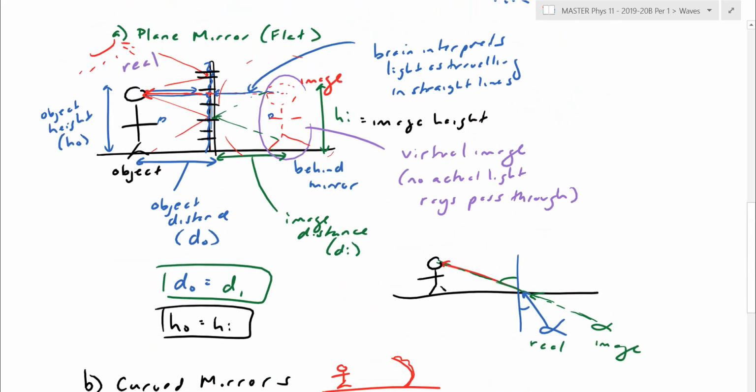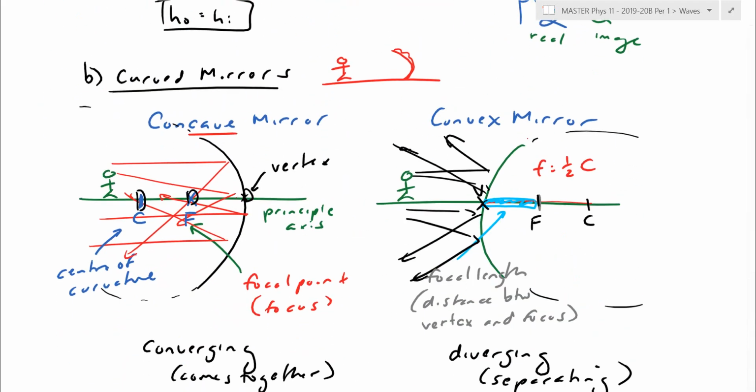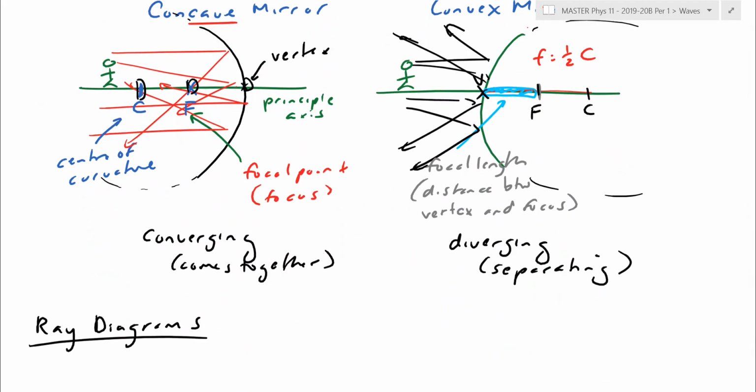Where might my brain interpret that light is coming to my eyes in straight lines? When I look at the shininess of the mirror, at that sort of virtual world inside the mirror, where does it look like my reflection shows up? And especially if you've ever played around with curved mirrors, you wouldn't be surprised to see sometimes your image is larger, sometimes it's upside down and whatnot. We can predict that using these ray diagrams.